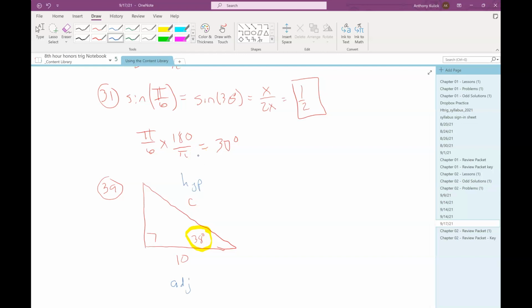I would pick cosine. So I'll say cosine of 38 equals adjacent over hypotenuse. And now I'm just going to solve this equation for C. So I'll start by multiplying both sides by C to get it out of the denominator.